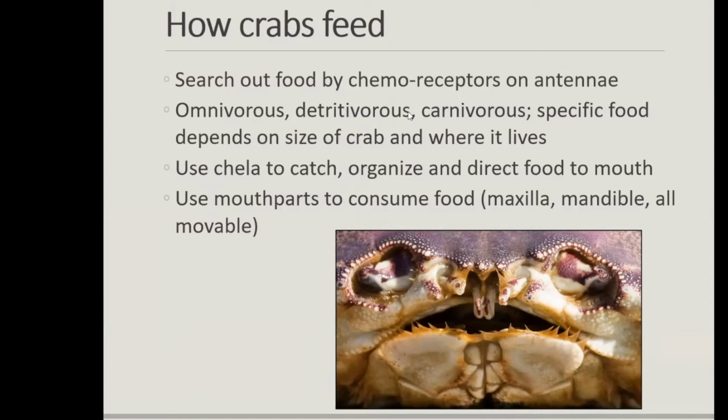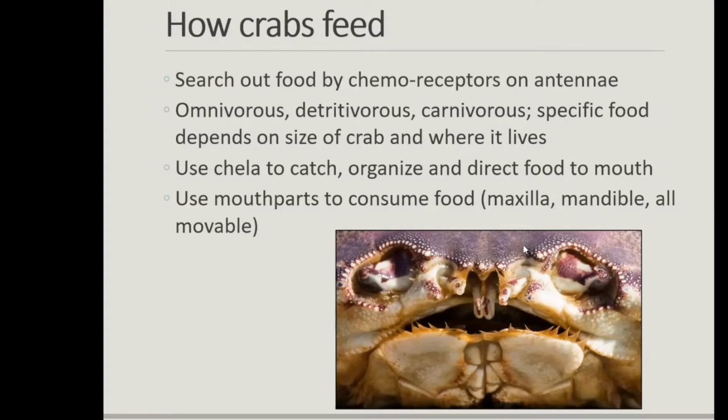Some of them will eat primarily detritus, and some of them will eat primarily other living organisms. But crabs are pretty opportunistic when it comes to food, and they'll eat just about anything that they can get their chela on.